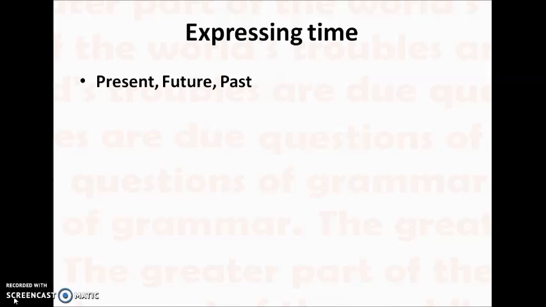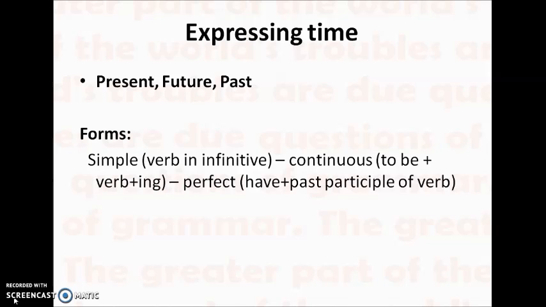Let's move on to expressing actions in relation to time. Just like in other languages, in English we can speak about any action in present, future, or past time. The grammatical forms that we use for it are the simple form, in which the verb is in infinitive form or past form.